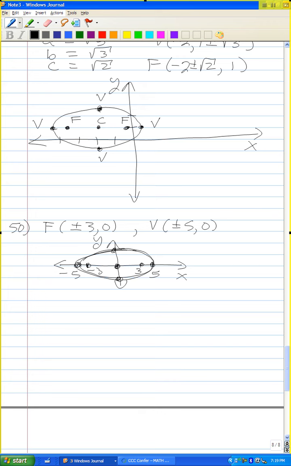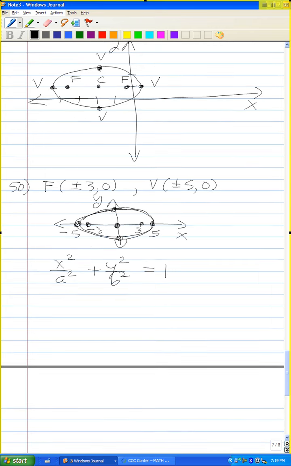And so the equation is x squared over a squared plus y squared over b squared is 1. In this case, a is 5. B, I don't know what B is, but I do know what C is.